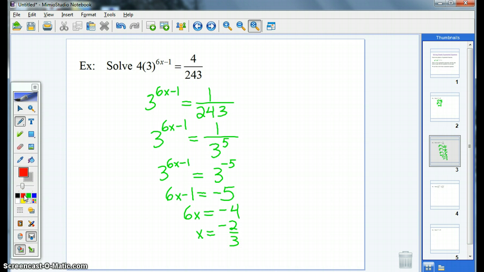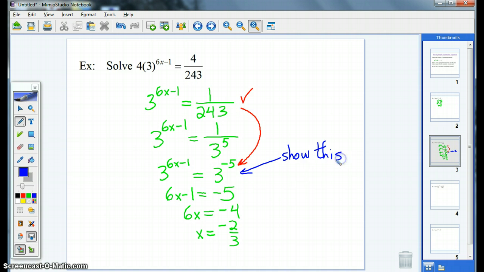Now in this, there are some steps, of course, that you could skip. I definitely think you should show the step about dividing out the 4, but if you're clever enough to look at that 1 divided by 243 and realize that that's just 3 to the negative 5th power, that's great. But do make absolutely certain that you show this step.